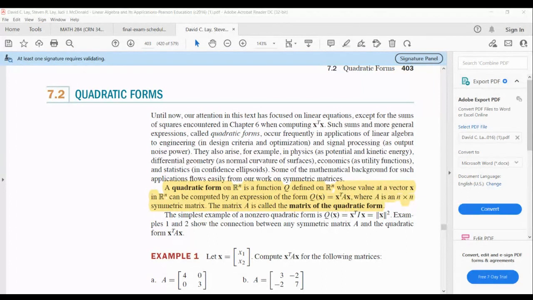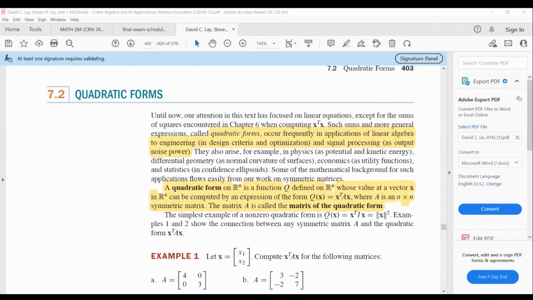So we talk about quadratic forms, and the book comments that quadratic forms occur frequently in applications of linear algebra to engineering, design criteria, optimization, and signal processing as output noise power.